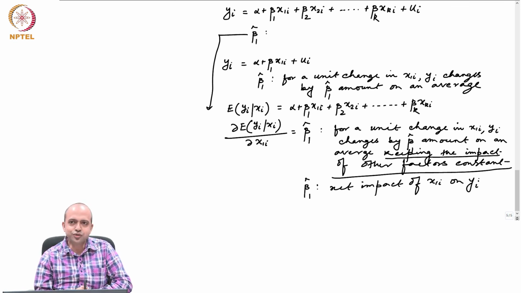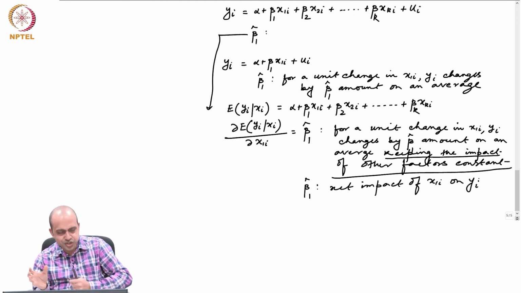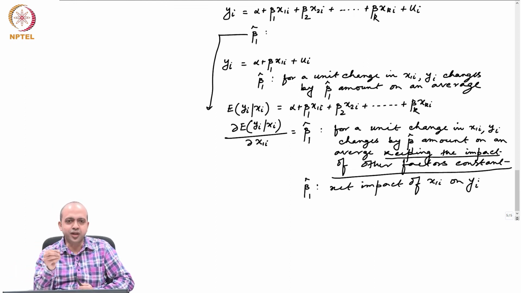That is a very challenging question, isn't it? Interpretation looks very simple: keeping the impact of other factors constant, the net impact of x1i on yi is given by beta 1 hat.